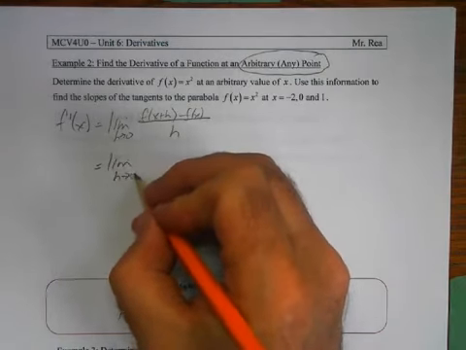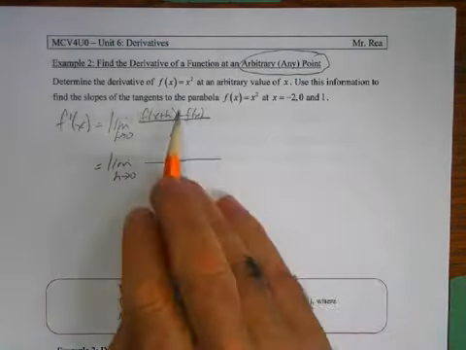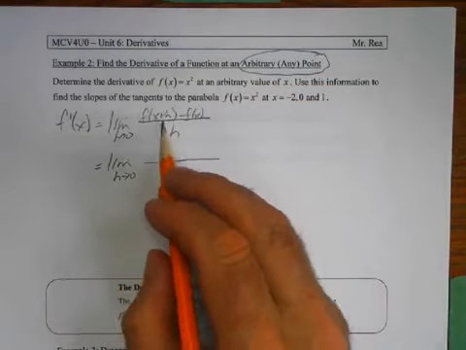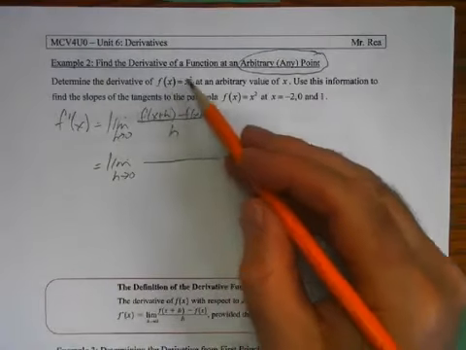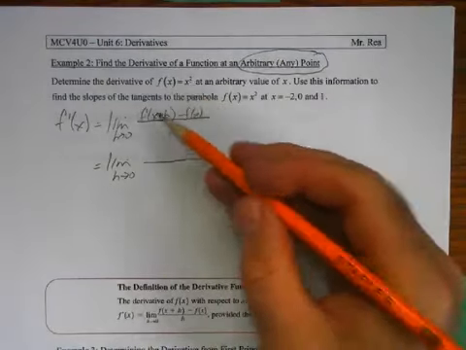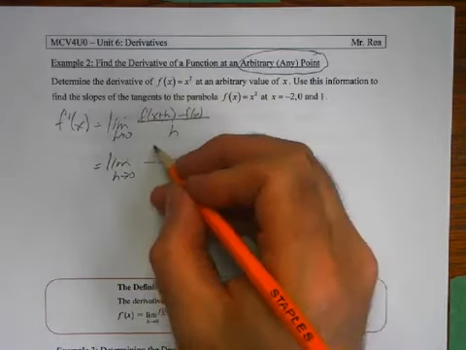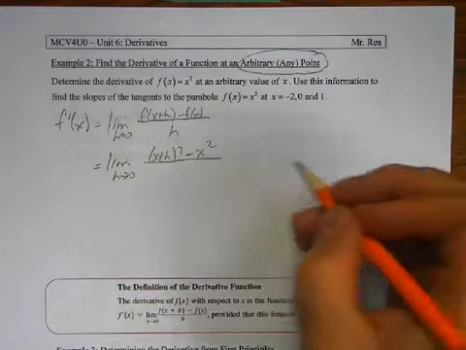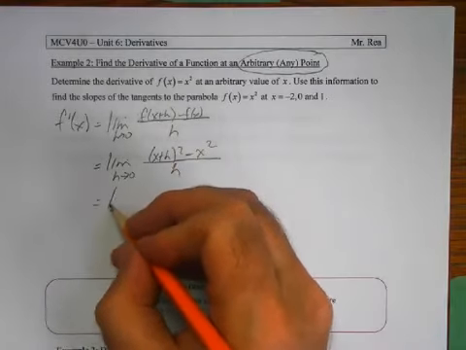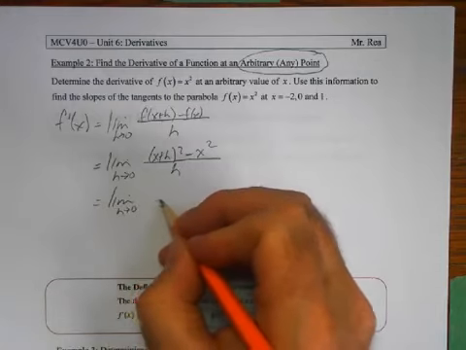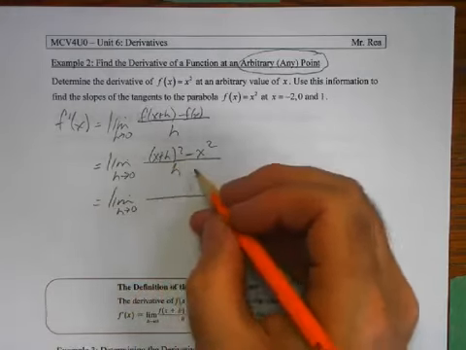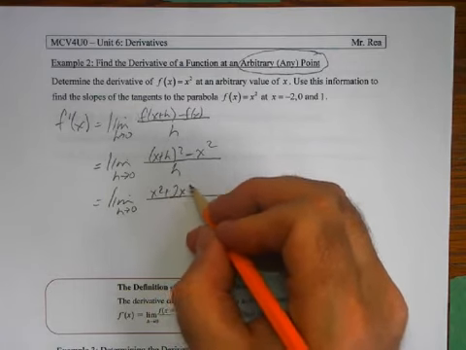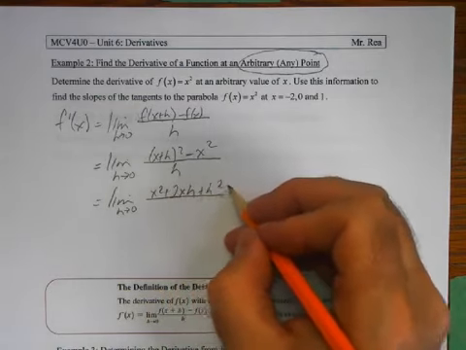Okay, and now like we did last time, we plug in the input for the function f into the value here. So x gets replaced with x plus h. So x plus h squared minus x squared over h. And then we're going to square that, so we get x squared plus 2xh plus h squared minus x squared over h.